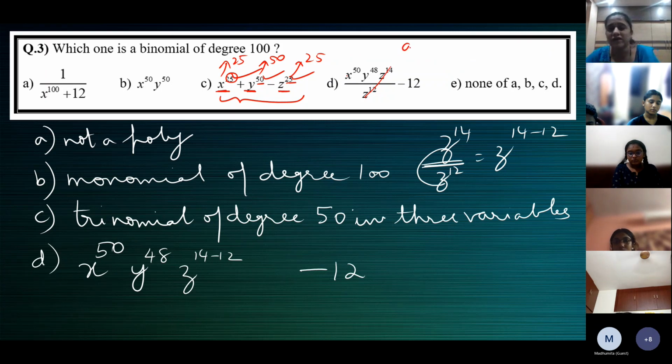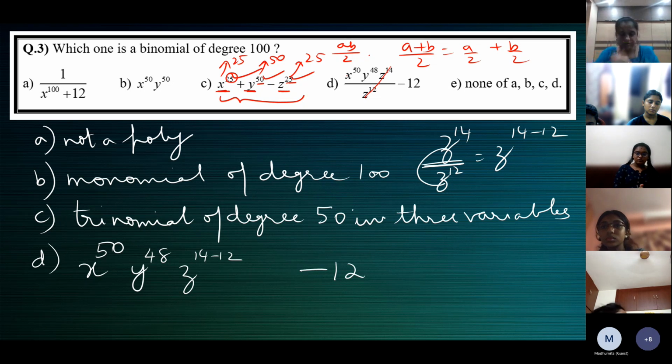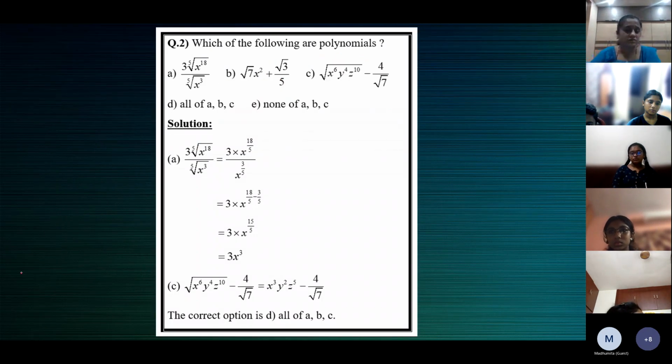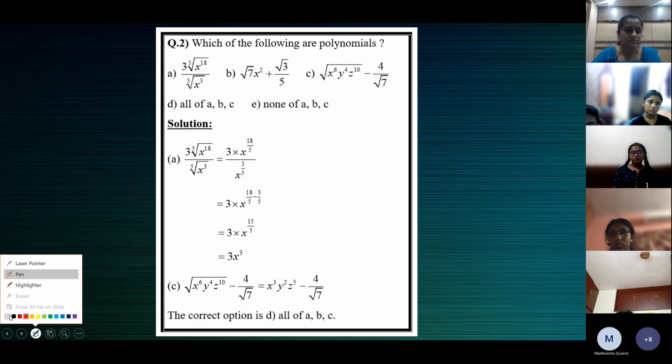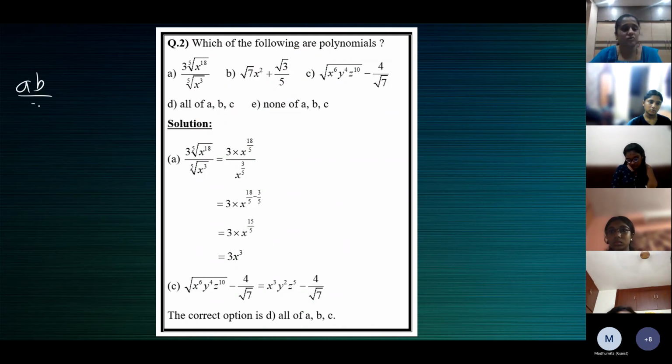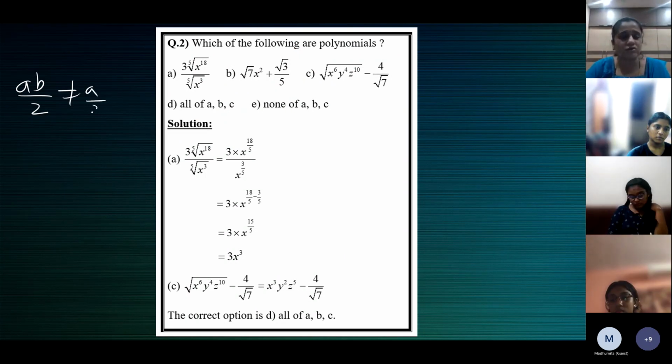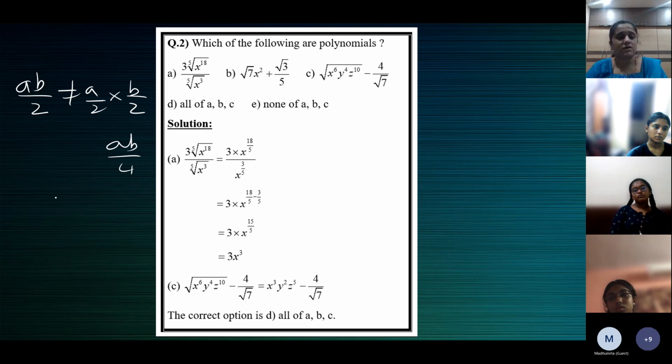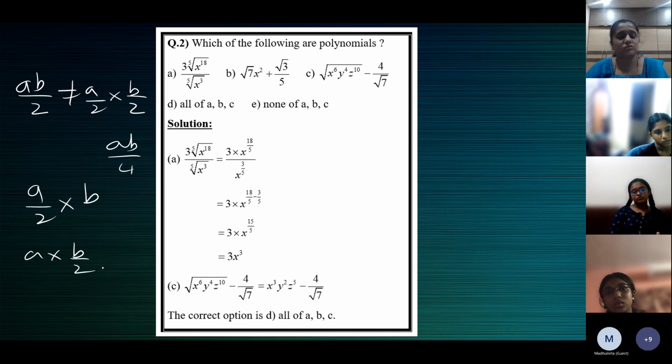Now see here. If you have a plus b by 2, it is a by 2 plus b by 2. If it is ab by 2, it is only ab by 2. It is not a by 2 into b by 2, because then it will become ab by 4, 2 into 2, 4. ab by 2 means a by 2 into b, or a into b by 2.